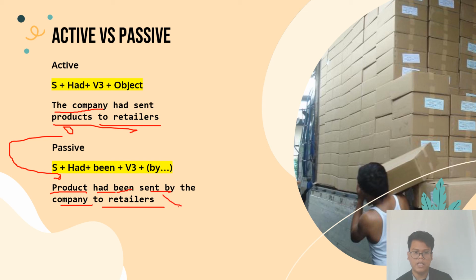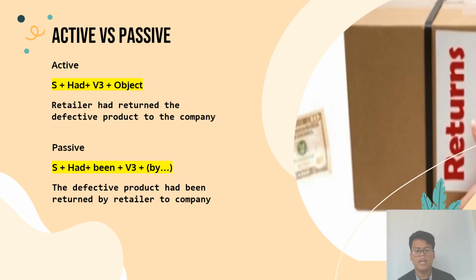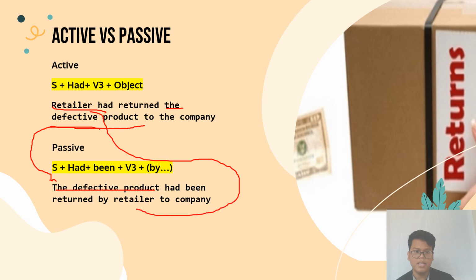Sent is verb 3. Next: the retailer had returned the defective product to the company. The defective product is the object in the active and becomes the subject in the passive. The retailer in the active is the subject, and in the passive becomes the object. Don't forget to use had and been.